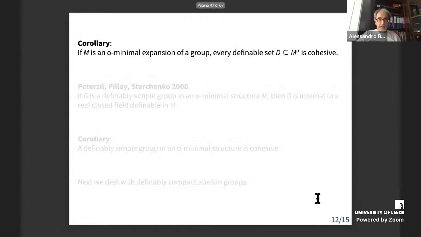Okay. So now this is a bit disappointing, because if M is a non-minimal expansion of a group, every definable set is cohesive. So this cohesiveness is not an interesting notion outside of the many sorted context.